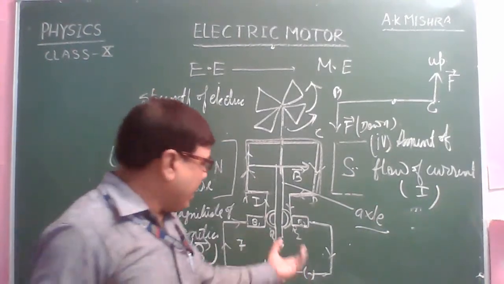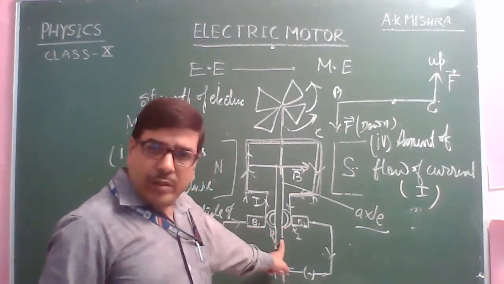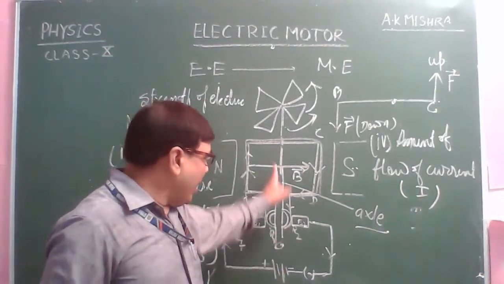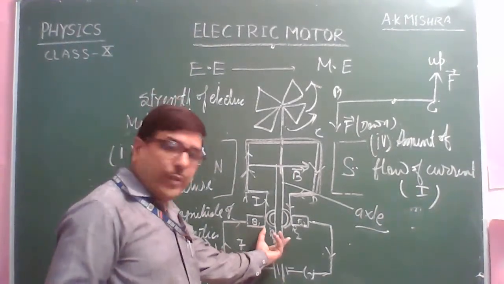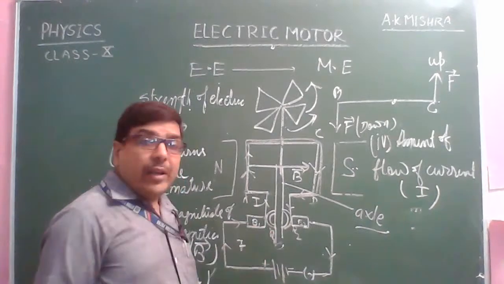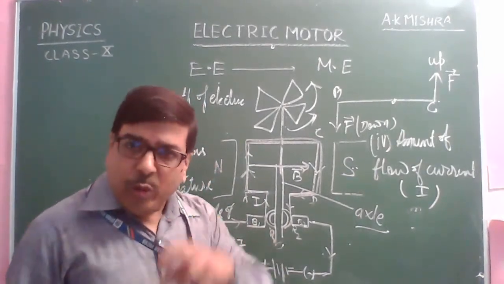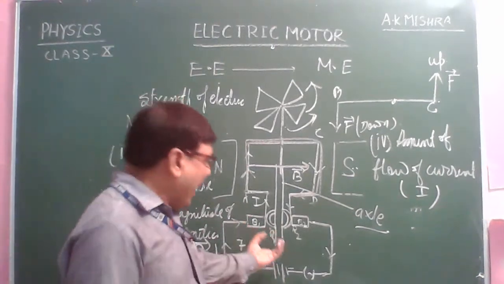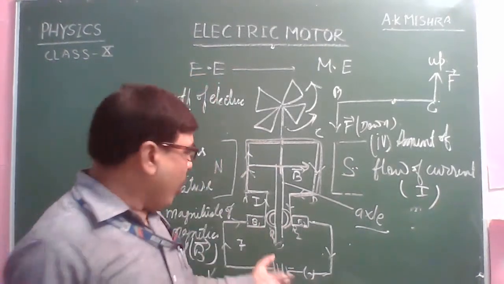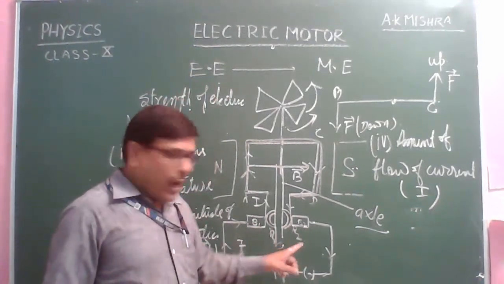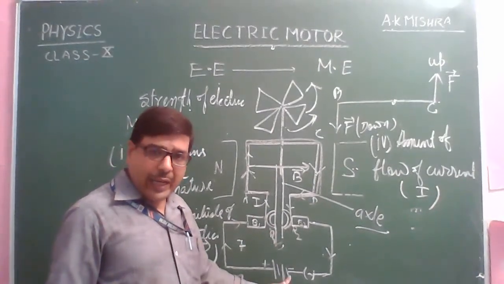From inside, it is insulated and fixed with the axle of the coil. The outer surface of the split rings is connected with brushes B1 and B2 in such a way that the axle can rotate smoothly without rotating the brushes, and the terminals of the brushes are connected with the source of electricity.